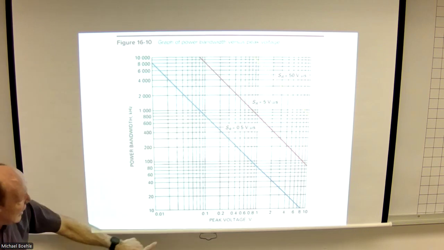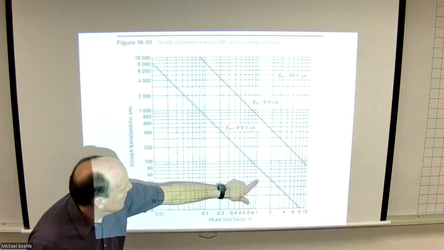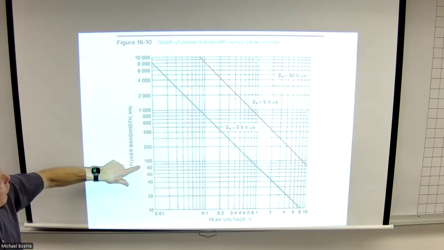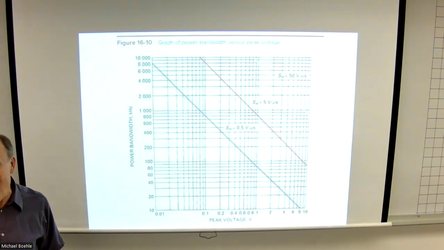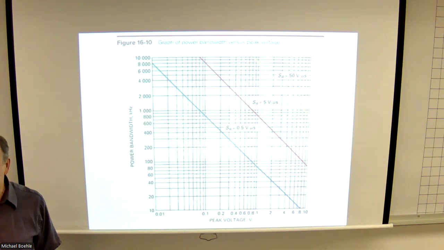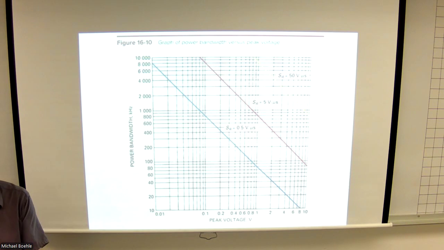So maybe if you're only trying to get 1 volt peak to peak, you're good all the way up to 80 kilohertz. Well, that is probably way above the gain that you may have, and we'll see that in a second. But if I have a gain, say, of 10, that actually makes my upper cutoff frequency 100 kilohertz or so, roughly.